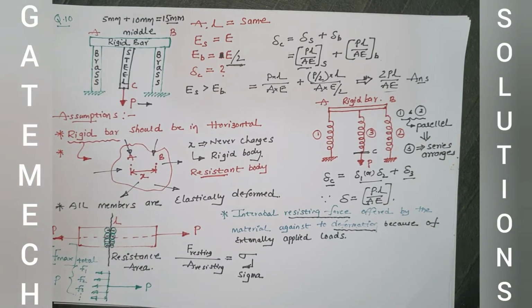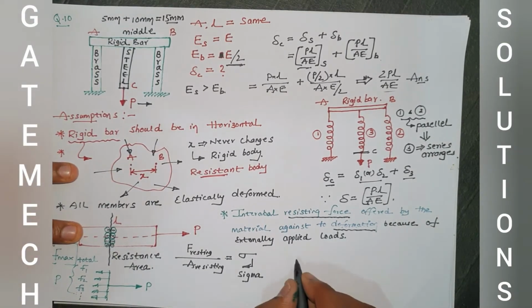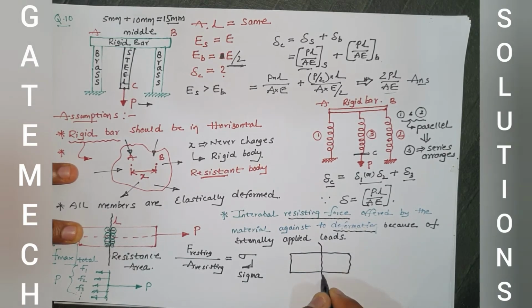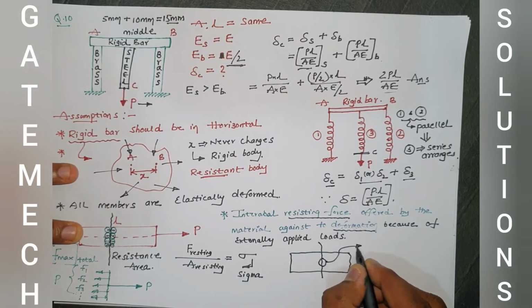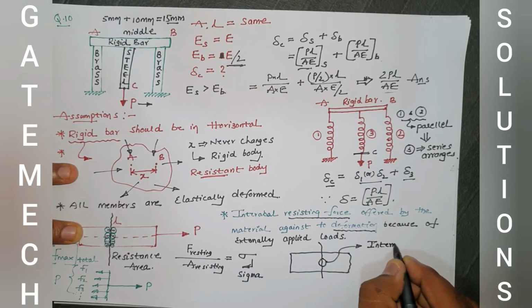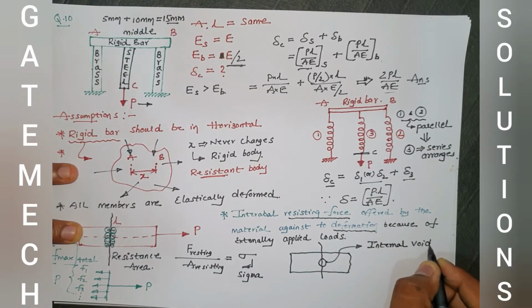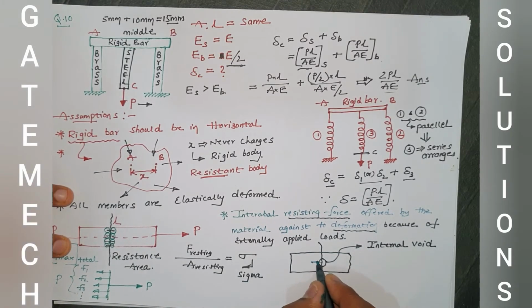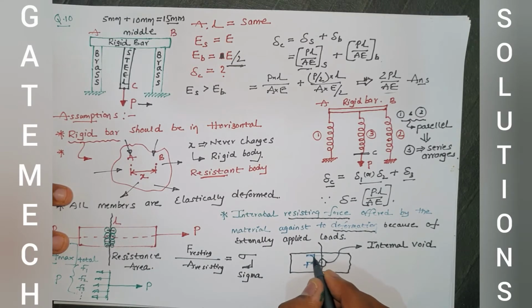But one more point I am going to discuss, my dear. Let us say inside this material, at a particular cross section, there is an internal void. If an internal void is there, this will not offer any resisting force. So keep it in mind, here more resisting force is offered by the material, but here less resisting force is offered by the material.